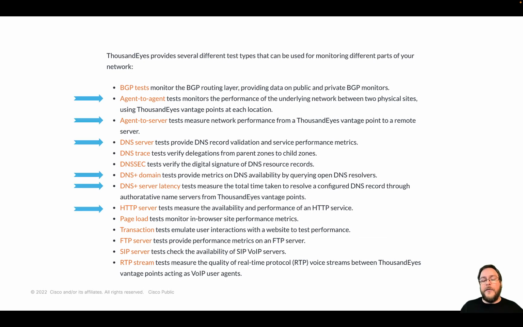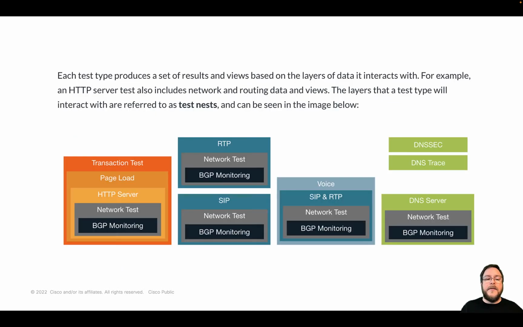So BGP tests would be something that your infrastructure folks are really interested in, but as a cloud developer, you would like to look at the agent-to-agent tests, the agent-to-server tests, the DNS server tests, and the web or HTTP server tests. If you're doing something that's e-commerce related or web server related, then you probably also want to consider using page load and transaction tests. And the transaction tests we'll talk about in part 3 in our advanced topics.